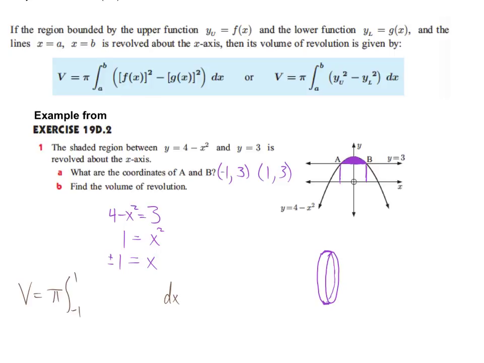Notice here the parabola goes above our line, y equals 3. So we're going to take the integral of 4 minus x squared, all squared, minus 3 squared.